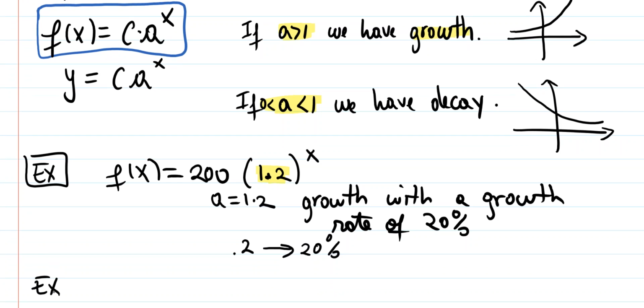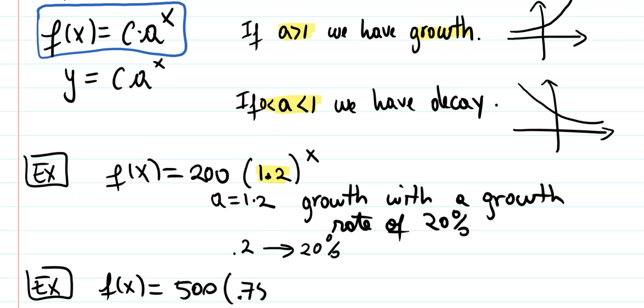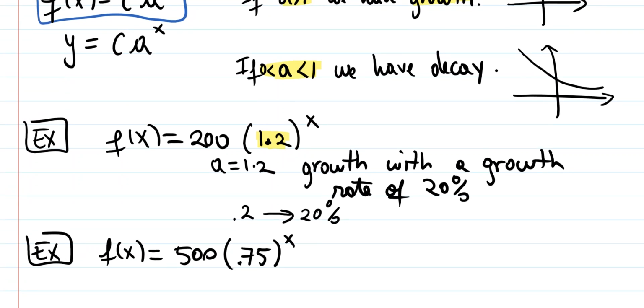If you have, for example, f of x equals 500 times 0.75 to the x, since this a is 0.75, which is less than 1, we have a decay.